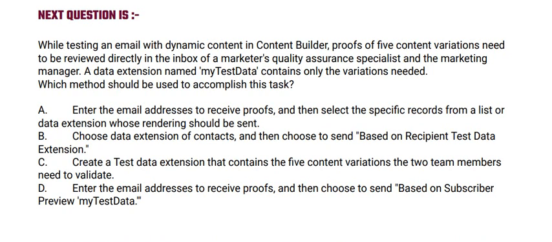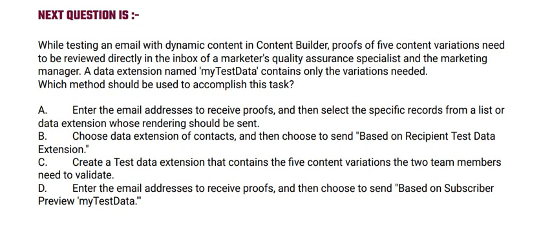Options are: Option A, enter the email address to receive proofs and then select the specific records from a list or data extension whose rendering should be sent. Option B, choose data extension of contacts and then choose to send based on recipient test data extension.